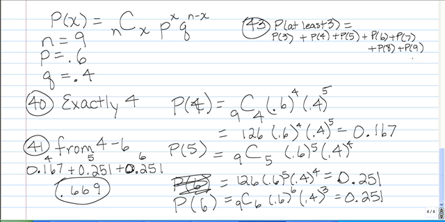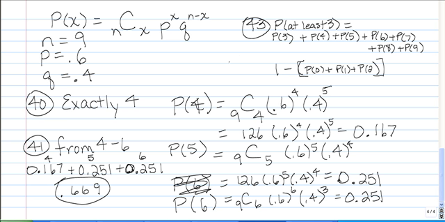The other alternative, because of the complements rule, is we could take 1 minus the sum of the probabilities for 0, 1, and 2. As I'm looking at that, that to me would be the way to go, let me put square brackets around that, simply because we'd only have to calculate 3 probabilities, add them together, and then subtract that from 1.